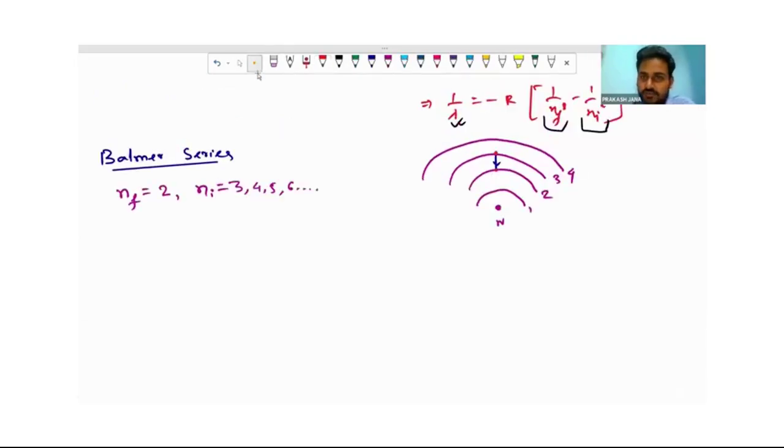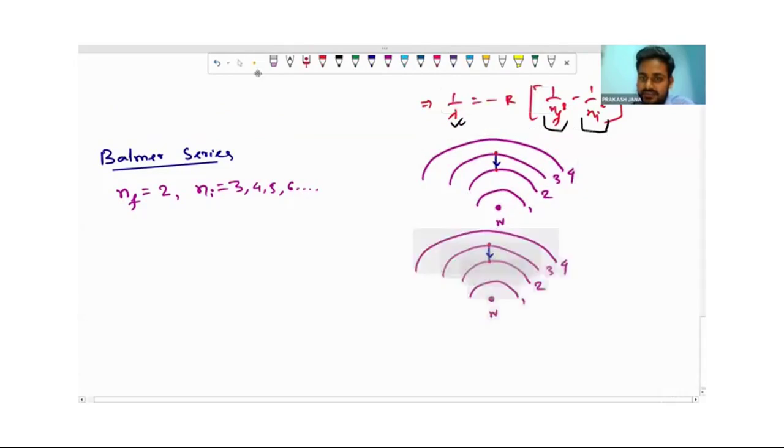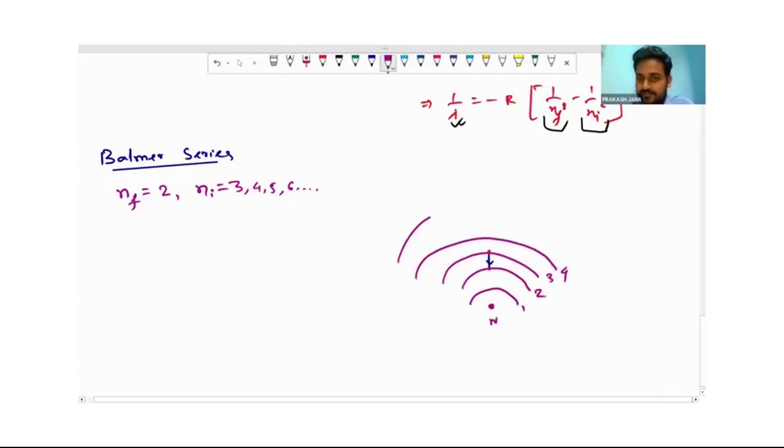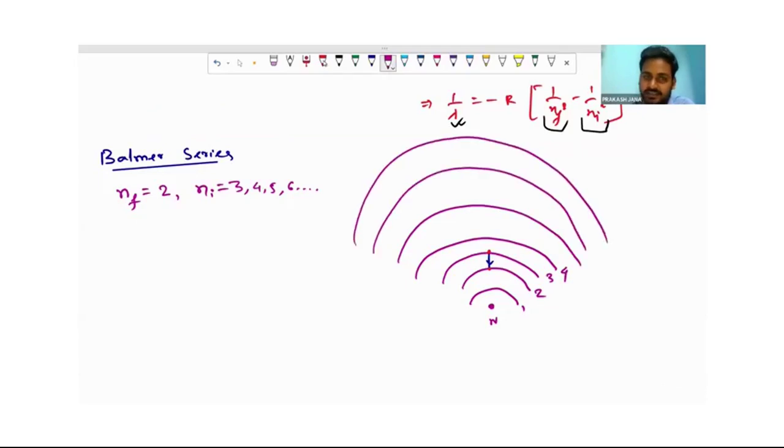Let us draw a few more orbits. Okay, these are the higher orbits. Now suppose the electron is jumping from n equal to 4 to 2. The jumping is like this.